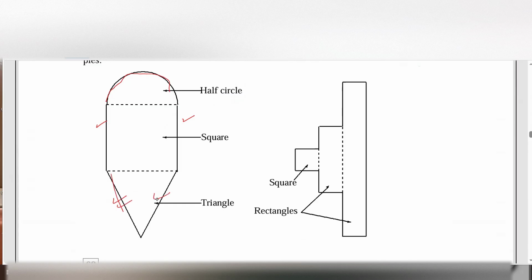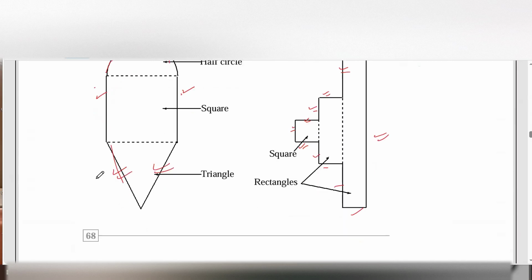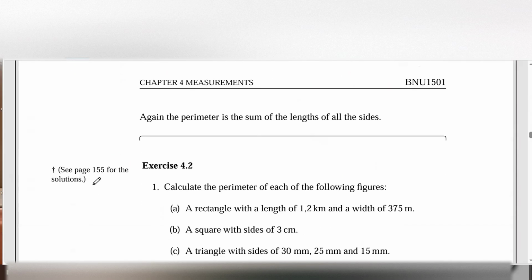It's this, that, and then all those. If the shape is in this format, still focus on this, focus on that. Just whatever you see, the outside or the boundary is what you just add, for as long as you're looking for the perimeter. So remember, it's just the sum of the lengths of all the sides.